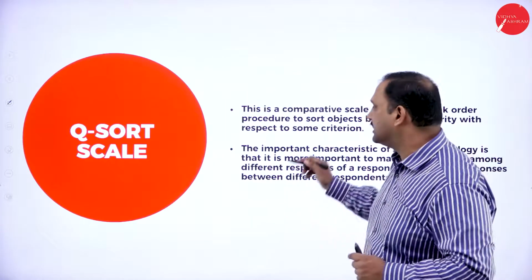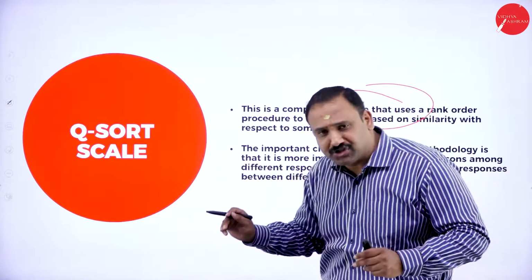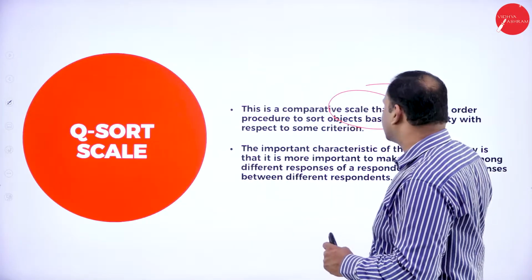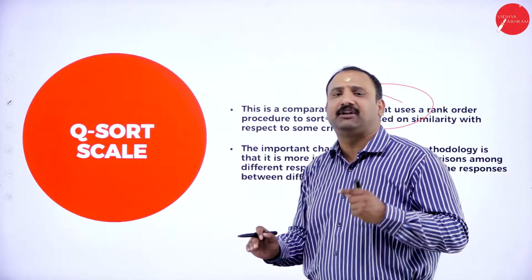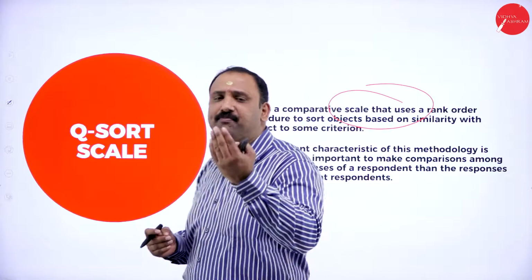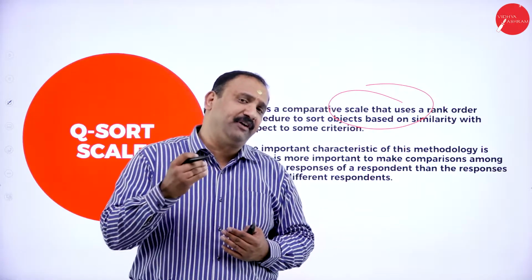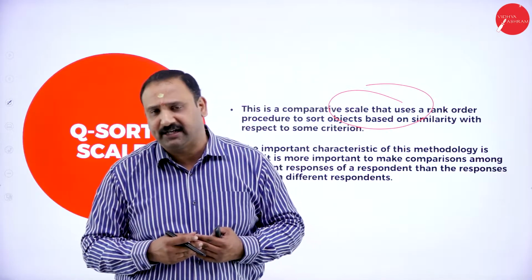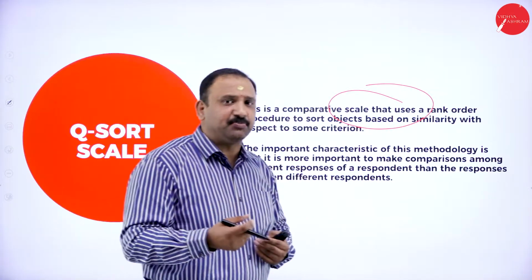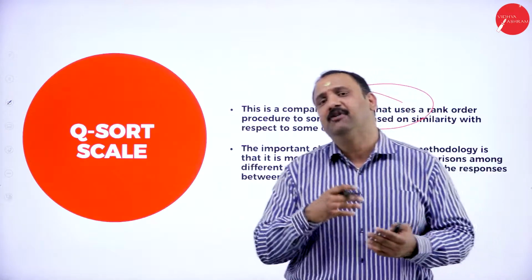Now the Q sort is a comparative scale that uses a rank order procedure to sort objects based on similarity with respect to a certain criterion. Let's take the example of the smartphone. There are different types of smartphones. Certain smartphones might have fingerprint touch ID, certain smartphones will have one touch ID.